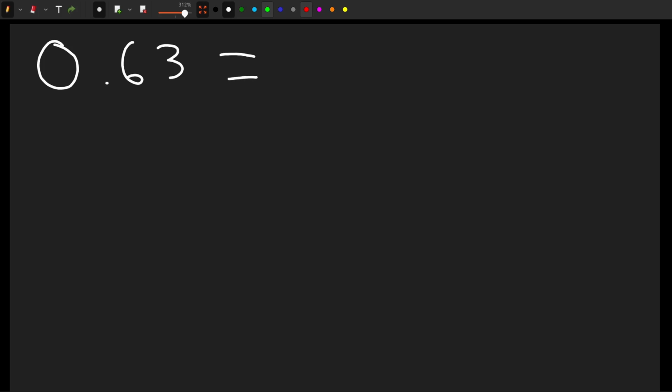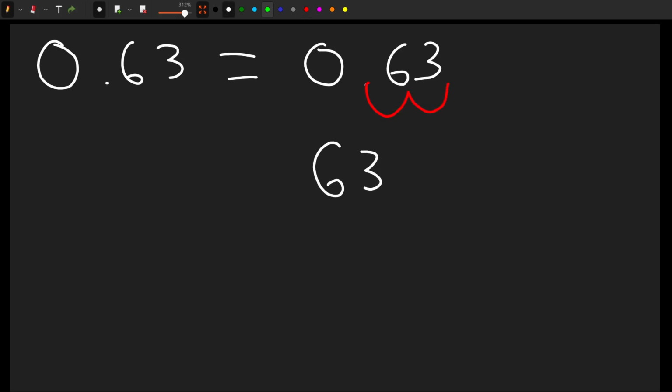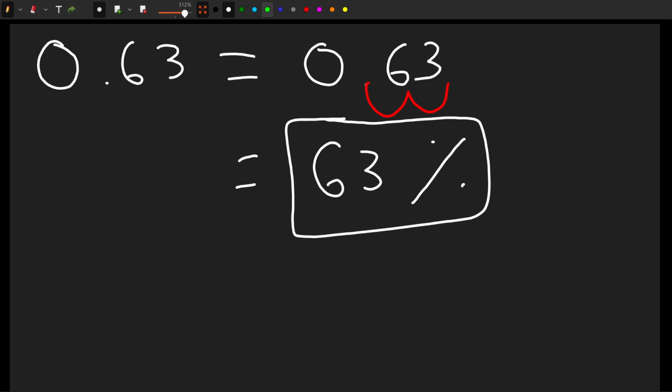All you need to do is just take your decimal and move it to the right 2 spots. So we go 1, 2. And so now we have 63, and we just add the percent sign back, and so now we're with 63%. That's it. 0.63 is 63%.